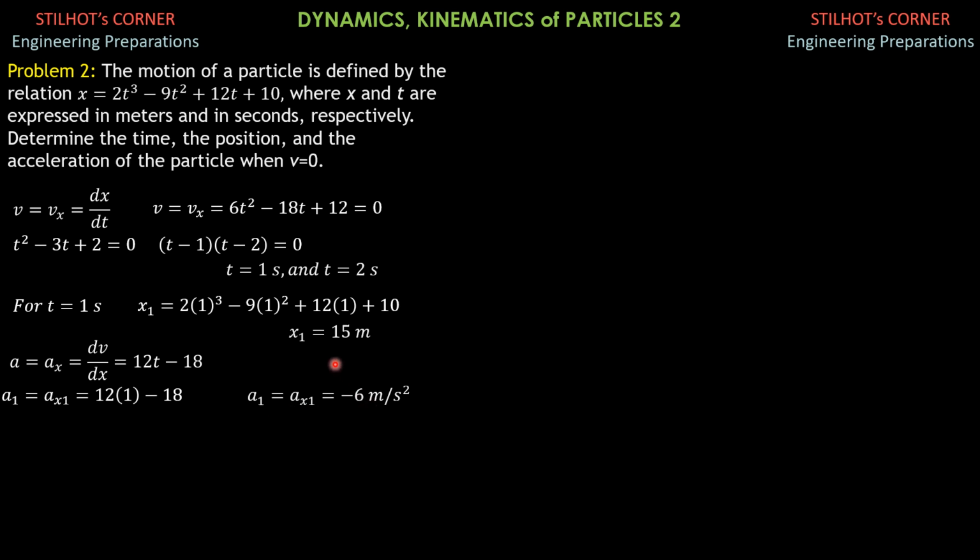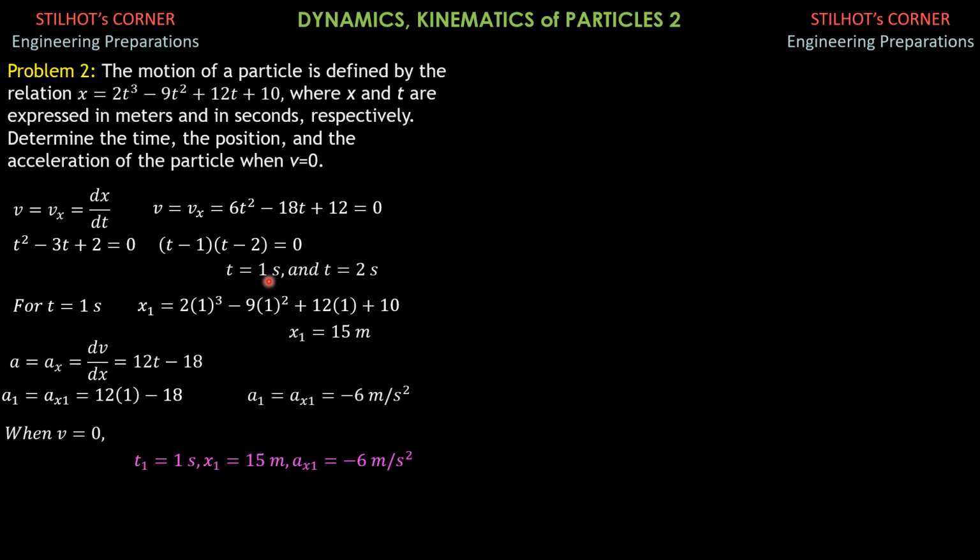So that's the first answer. When v is 0, t1 equals 1 second, x sub 1 equals 15 meters, and ax1 equals negative 6 meters per second square. We now proceed to the second situation where t sub 2 is 2 seconds.